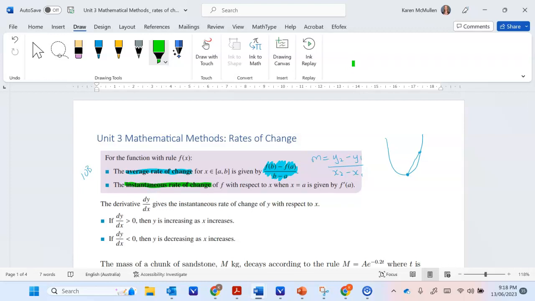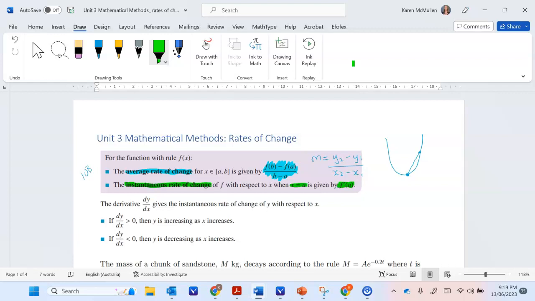If we wanted to know the rate I'm eating donuts at 10 minutes, you would find the derivative and let x equal 10. So we find the derivative, substitute in the value of x that you want, and that gives you your instantaneous rate of change. Those two things are what we do with rates of change: average rate of change and instantaneous rate of change.